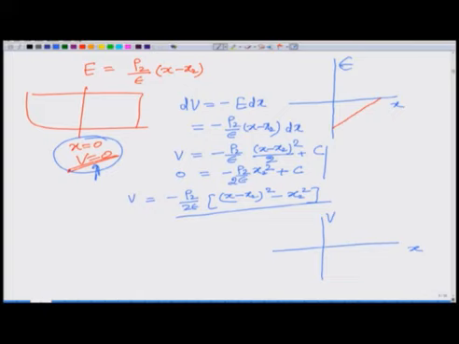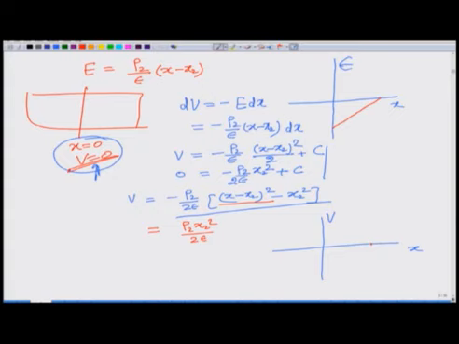So, the potential here is 0, and then what is the potential at x equal to x 2? It is rho 2 x 2 square over 2 epsilon. At x equal to x 2, this goes to 0 and you have rho 2 x 2 square over 2 epsilon.